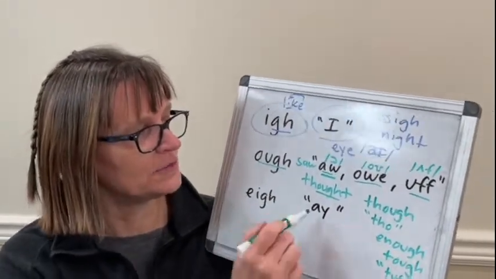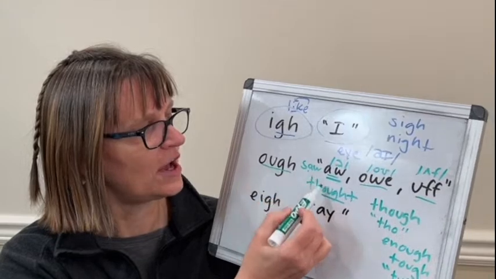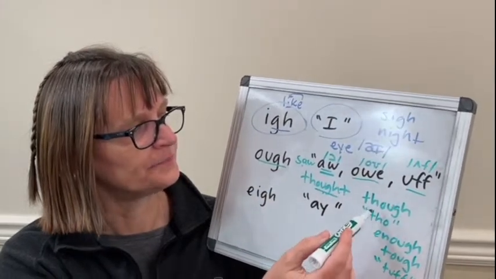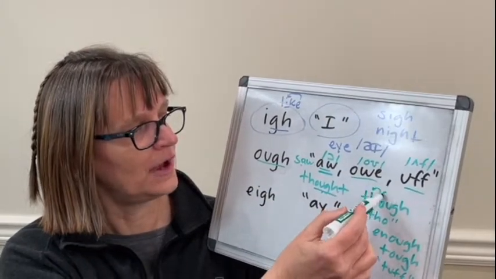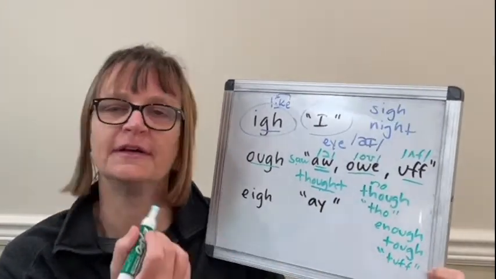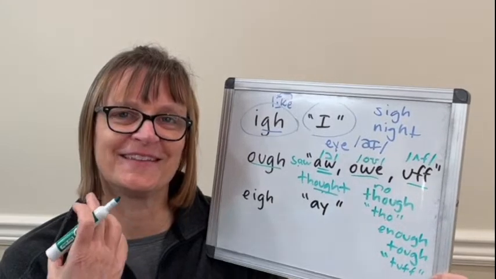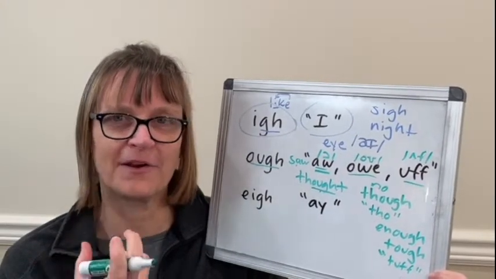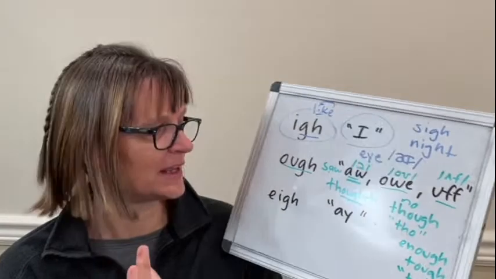That way I can also remember: I saw it, I thought it, I said no, although, and it was tough enough. Pairing those words and having an alternate spelling can be really useful.